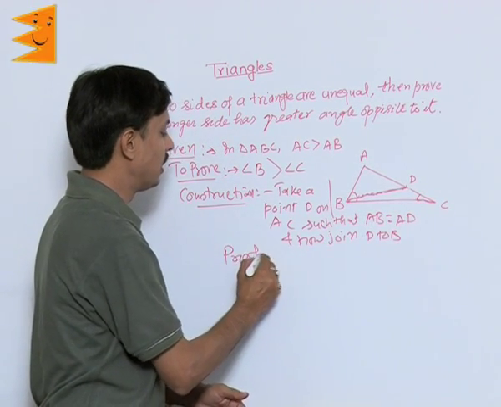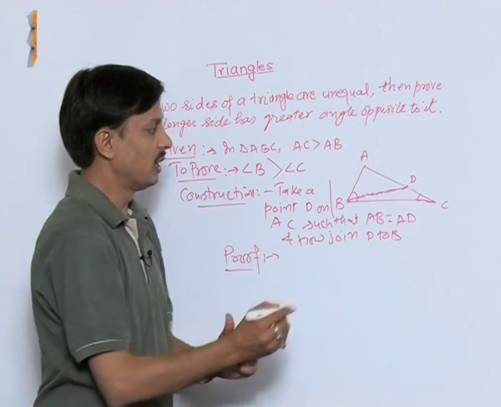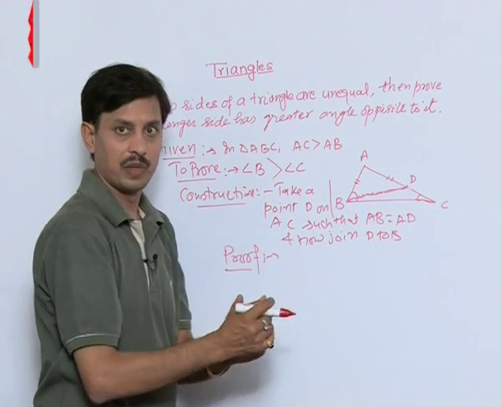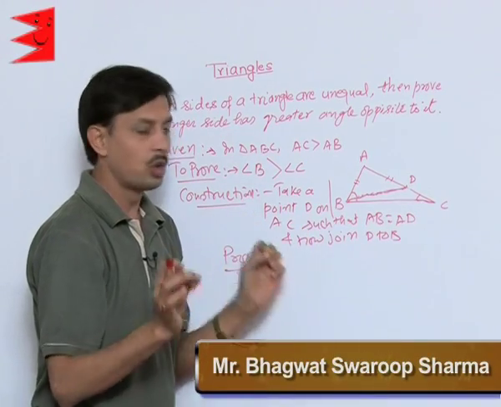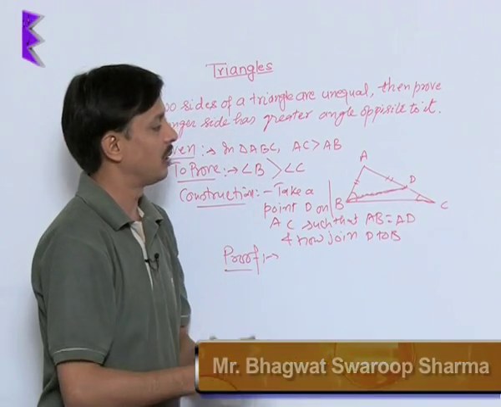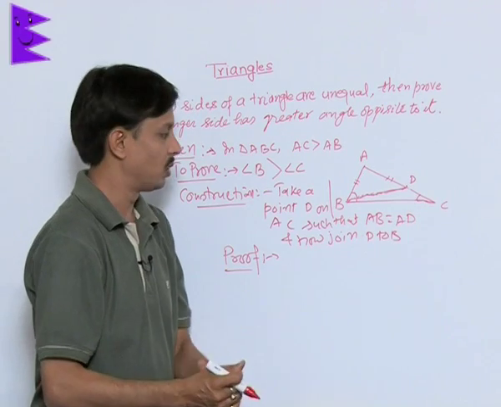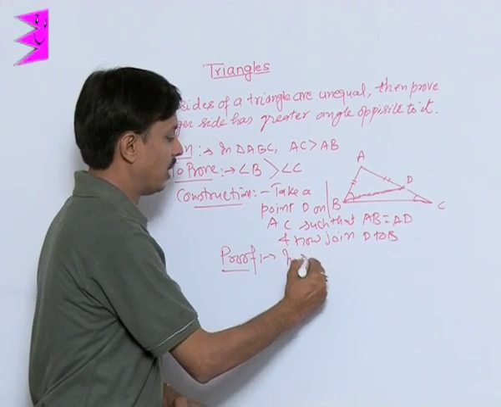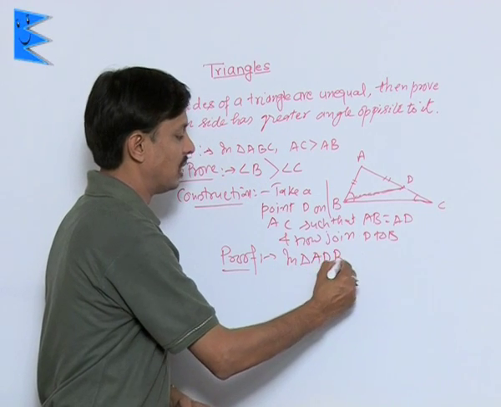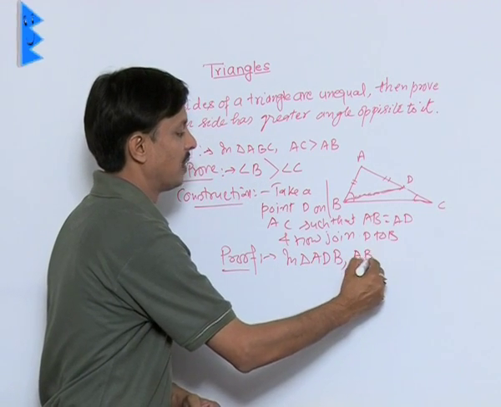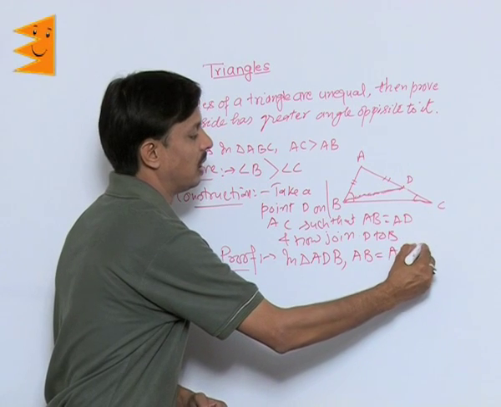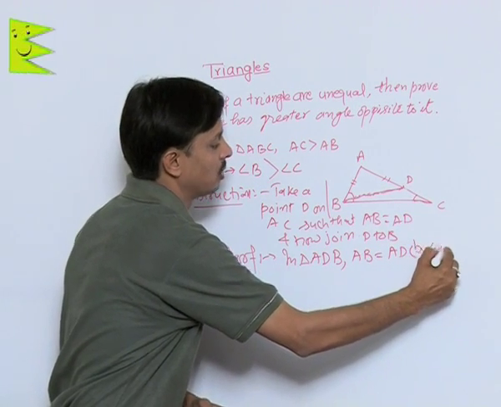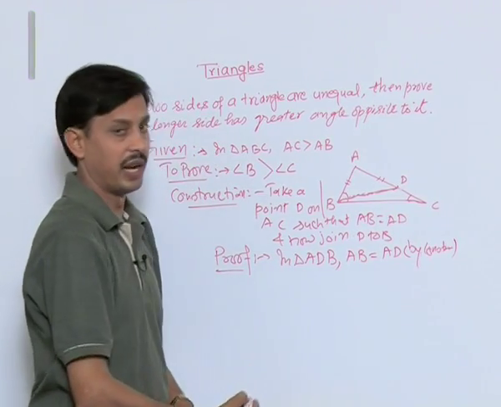Now, a very easy proof. Here we know AD and AB are equal. So if in a triangle two sides are equal, then the angles opposite to these equal sides are also equal. I am considering triangle ADB. By construction, the lengths of AB and AD are equal. Understand?